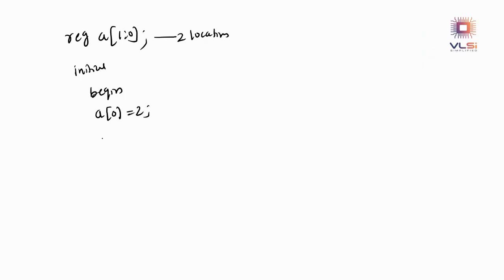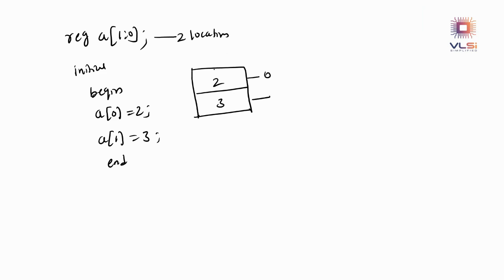Let us take a[0] equal to 2, and a[1] equal to 3, and end. So how will it store? Normally it will store in binary.